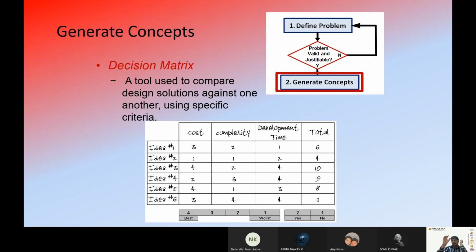So idea 1 tells about the cost, the complexity, the developing time, and the total. You are combining what the cost is, how complex it is, and how much time you need to develop. Every methodology may differ.